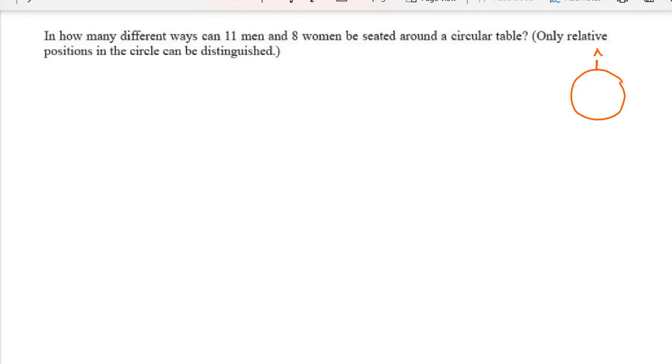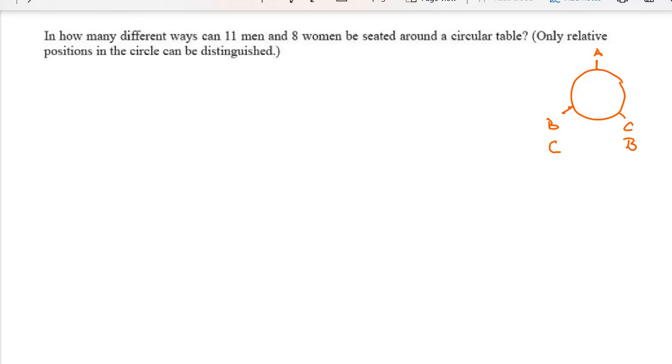I'm here, I'm person A, and then there are 2 people, B and C. I'm fixed in that chair because only relative to me, who is on my left, who is on my right, is what matters at this table. So I could be sitting here and C can be on my left, then B on my right, or B on my left and then C on my right. So there are only 2 ways, even though there are 3 people.